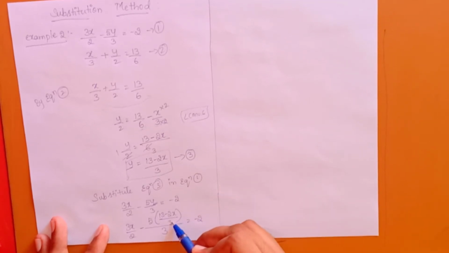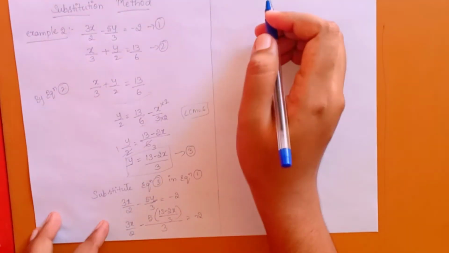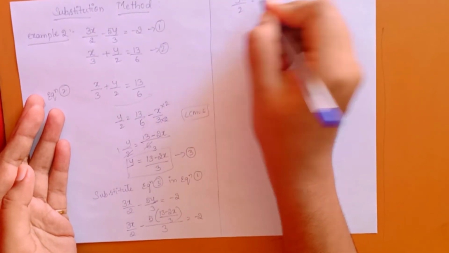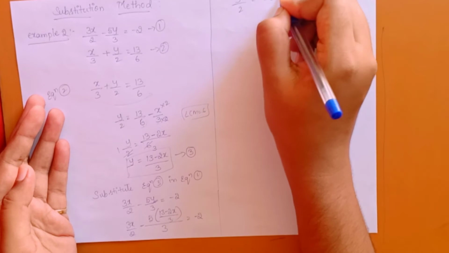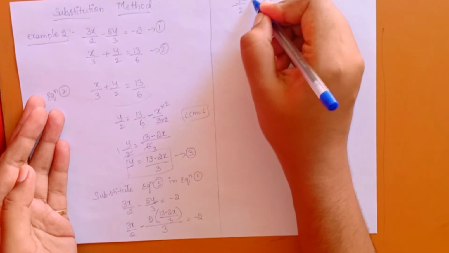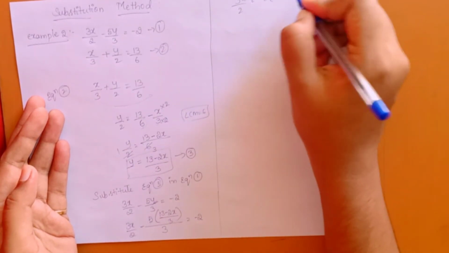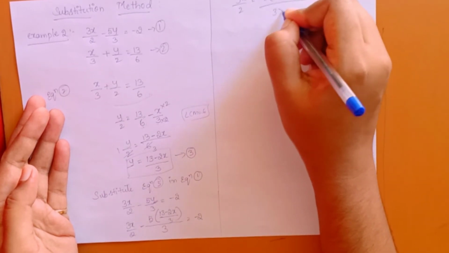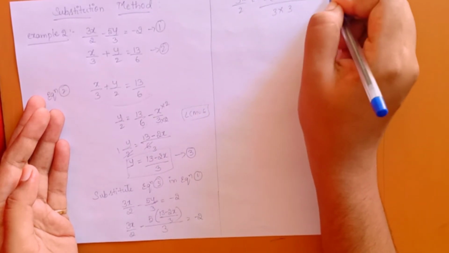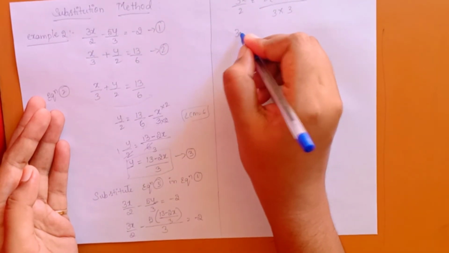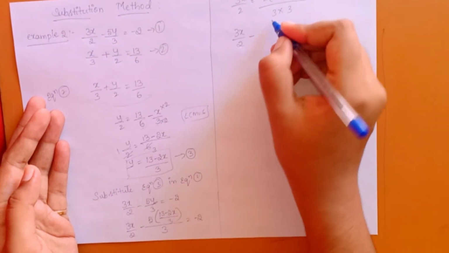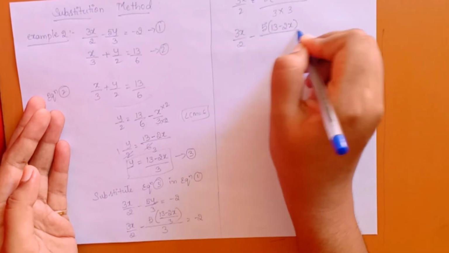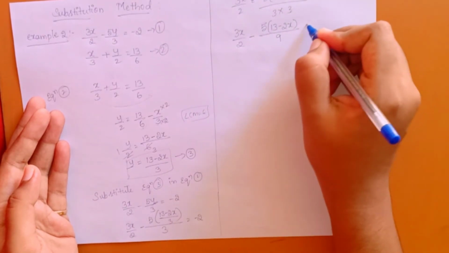Now we will take this 3 denominator also down. So 3x by 2 minus 5 bracket 13 minus 2x divided by 3 into 3, 3 3s are 9, is equal to minus 2.